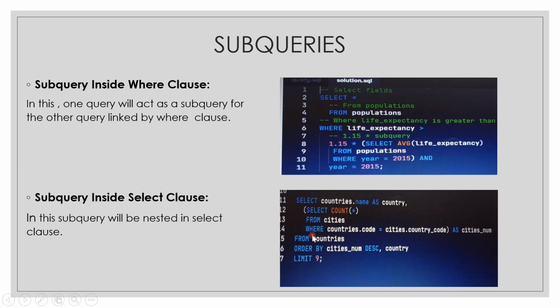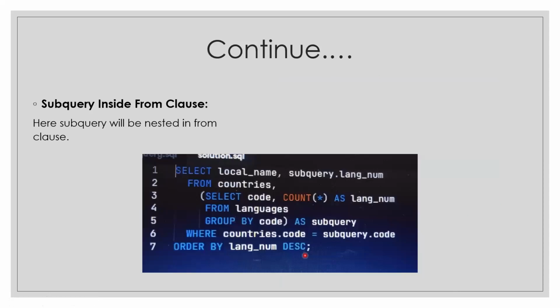In this, the subquery is present in the select clause. Here we can see select countries as country, select count star from cities. It is the subquery present in the select statement that will retrieve all the data from the cities column.